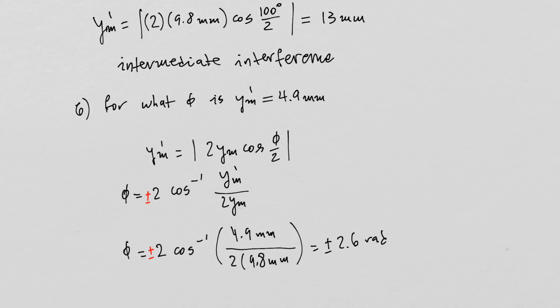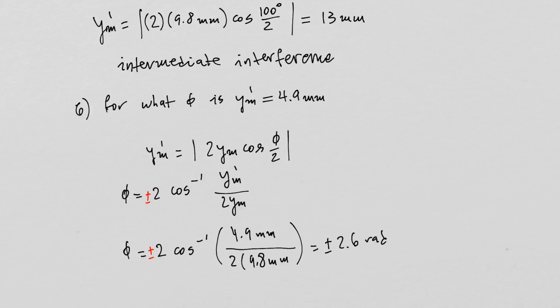Therefore, when we calculate the phase angle, a plus or minus must be included in the solution, because the cosine can have a positive or negative value for the same phase angle when it's shifted by 180 degrees, since we don't know whether there is a shift like that or not.